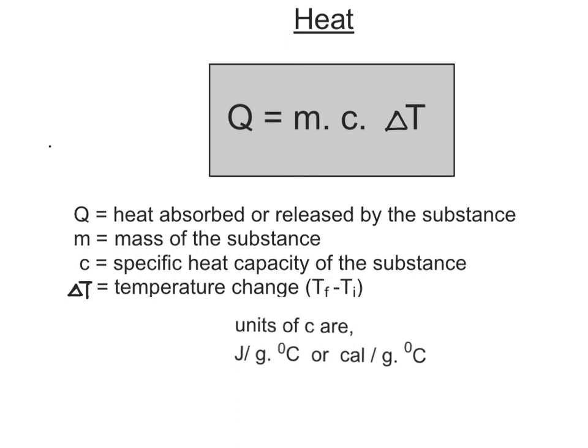The units of specific heat are joules per gram per degree Celsius or calories per gram per degree Celsius.